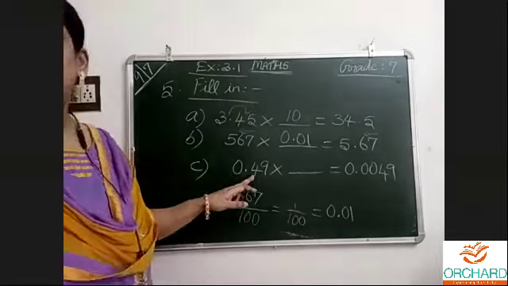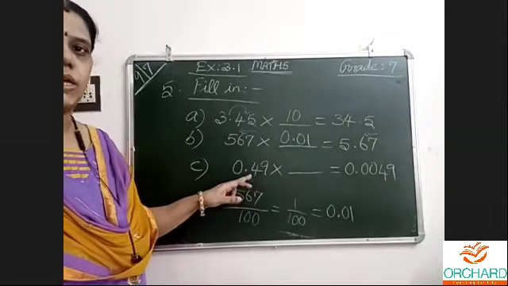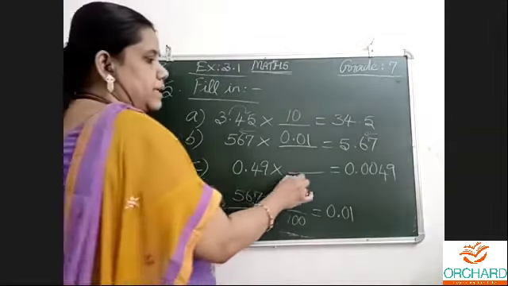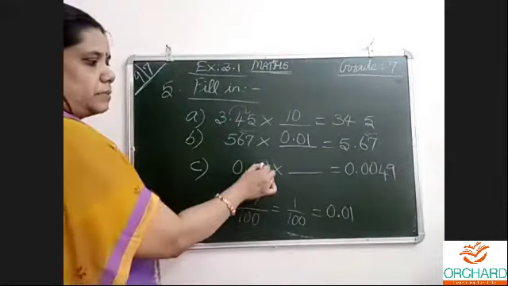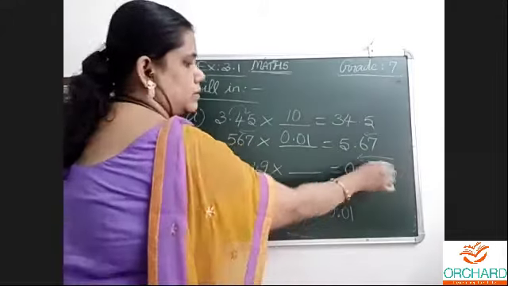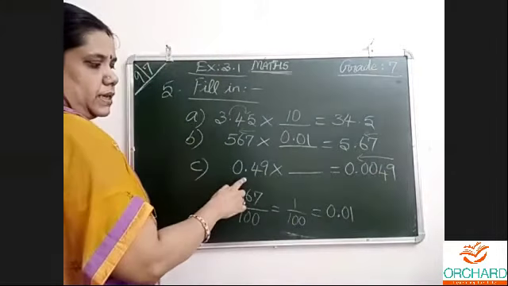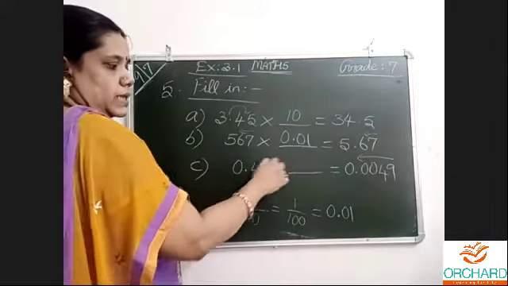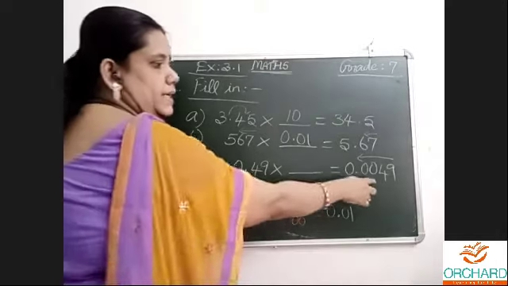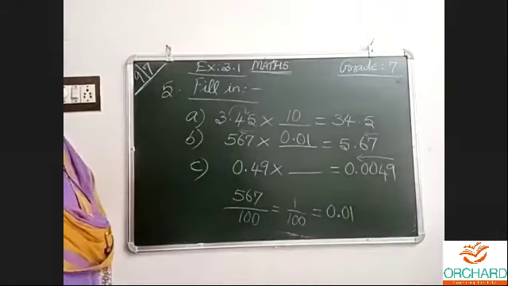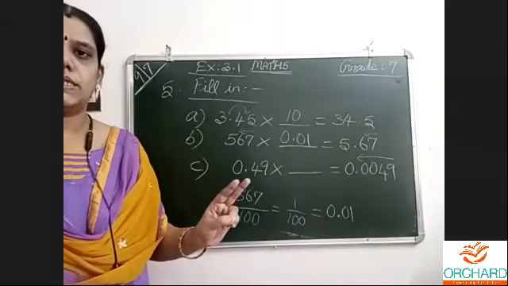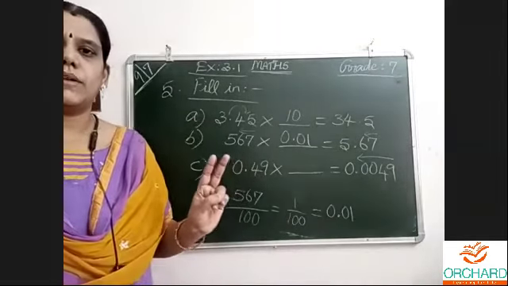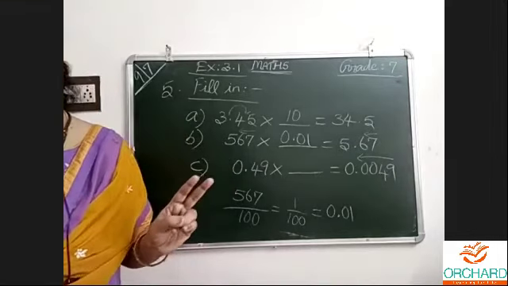In the same way, this also. 0.49 multiplied by what is equal to 0.0049. The point has moved. Okay, see here. From here, 0, 0 has come in front only. Same division, 2 places. Again the same 2 places. Bhavatarini, don't type anything now.